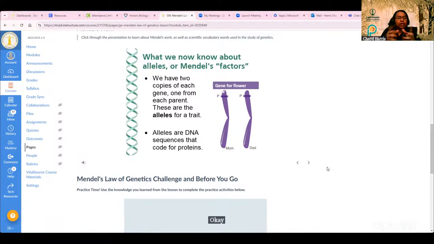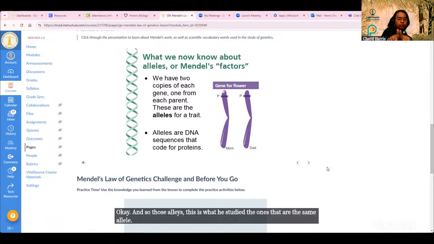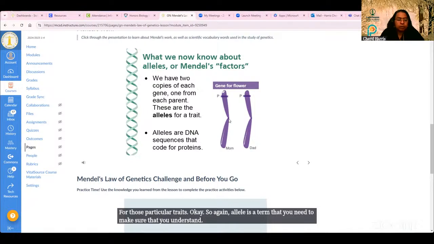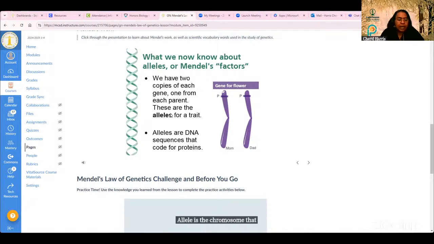And so those alleles, this is what he studied, the ones that are the same allele for those particular traits. Okay. So again, allele is a term that you need to make sure that you understand. Allele is the chromosome that contains that trait from that parent. So you have a mom allele and a dad allele.